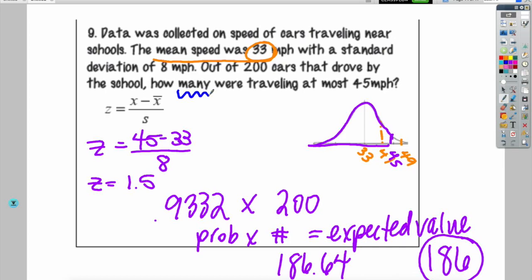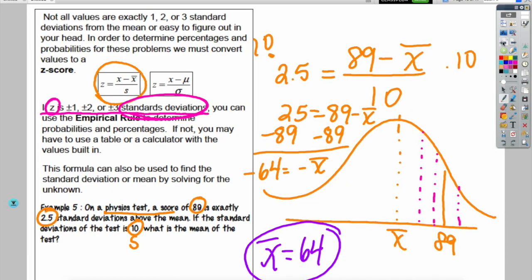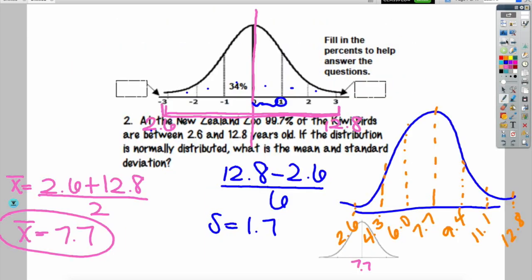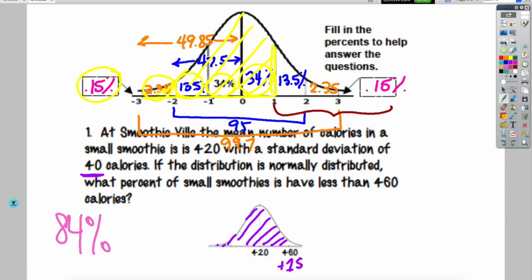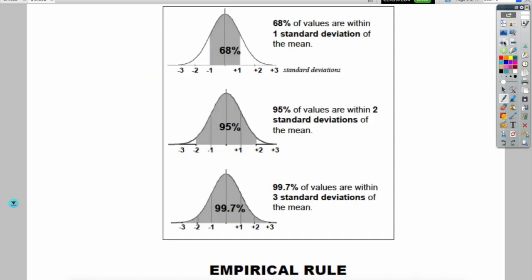All right? Other than that, make sure again that you also know your z-score formula that is used to figure out probabilities using your table or to help you in the process of finding a mean or a standard deviation, as well as the breakdown of the empirical rule, your 68, 95, and 99.7%. Okay? All right.